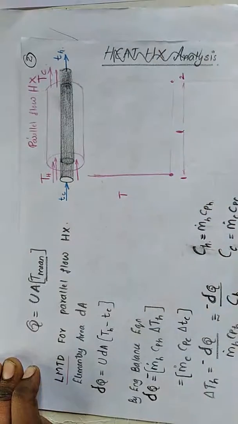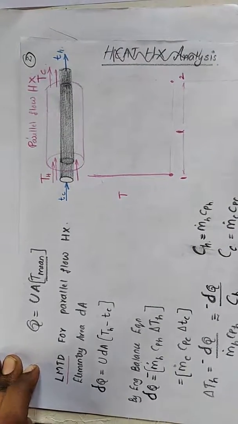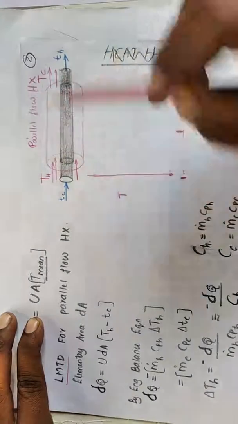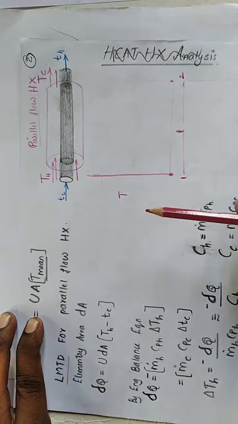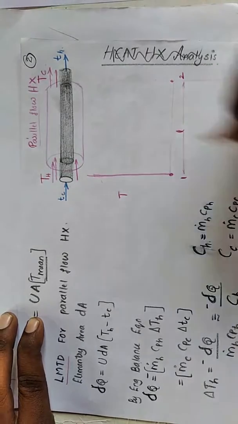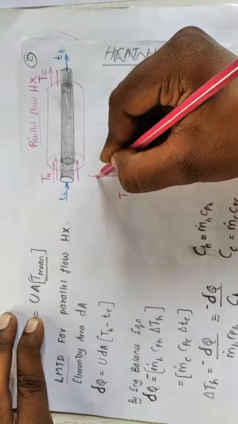Now we are going to detail the hot fluid and cold fluid separately. First, we analyze the temperature of the hot fluid. As we know, for the parallel flow heat exchanger, at the inlet side the temperature of the hot fluid will be higher compared to the outlet side. Hence, this is the maximum temperature TH.